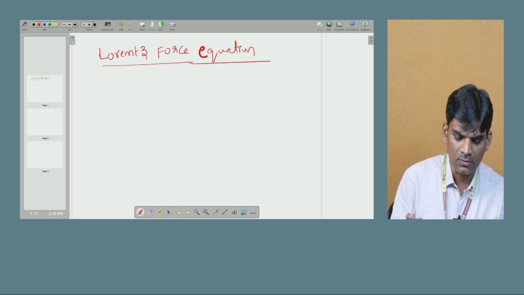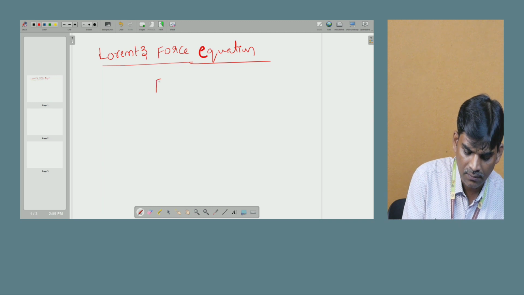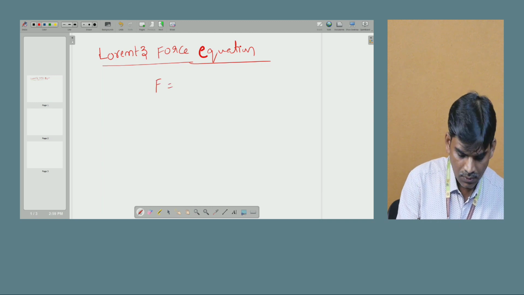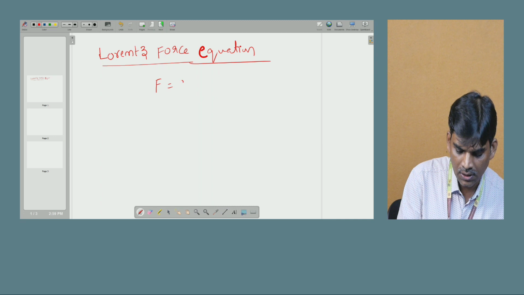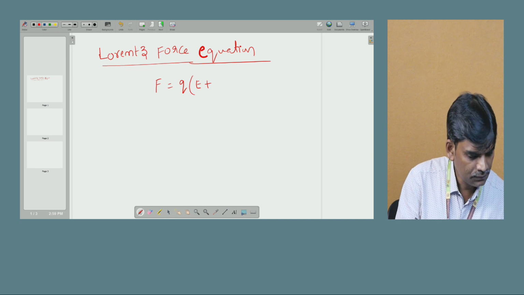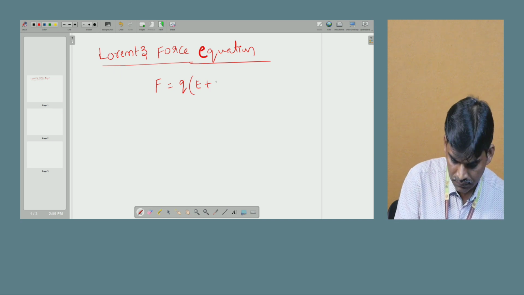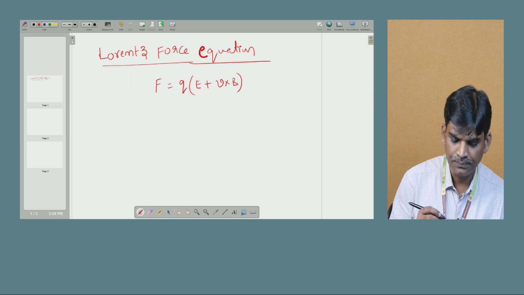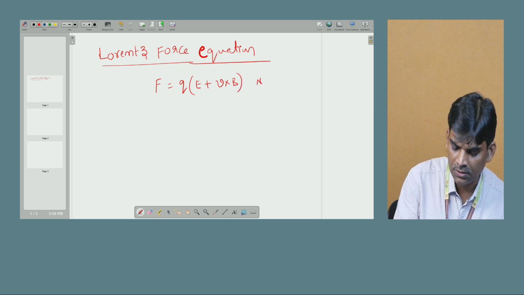That mechanical force is F, for a charged particle placed in both the electric field and the magnetic field. In SI units it is measured in newtons.